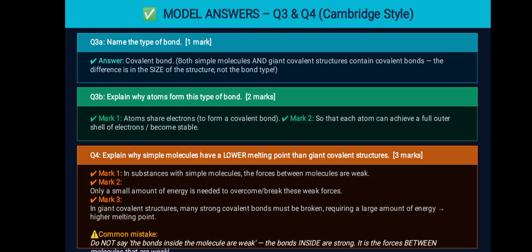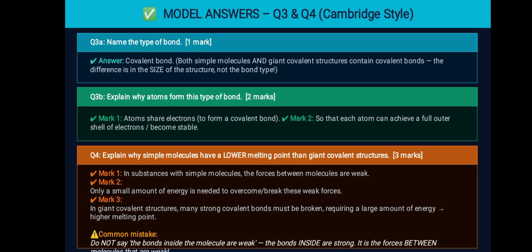Next is: name the type of bond. Which type of bond is present? The answer is covalent bond. You can just write it in one word, but notice that the bond type is the same for both simple molecules and giant covalent structures. Both contain covalent bonds. The difference between them is not the type of bond.